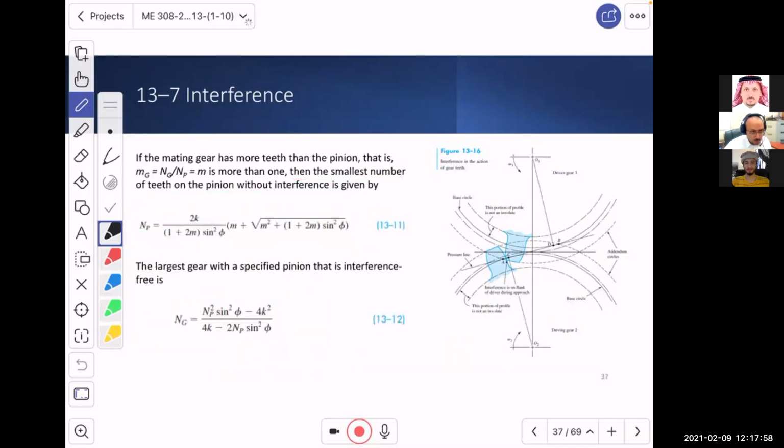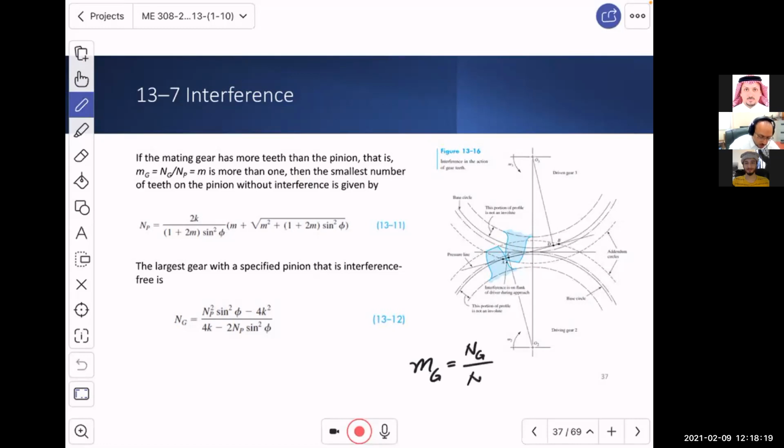Now, what happens if the mating gear has more teeth than the pinion? Here, we don't have this 1-to-1 ratio. m, which is equal to the ratio of the number of teeth for the gear divided by the number of teeth for the pinion, is more than 1.